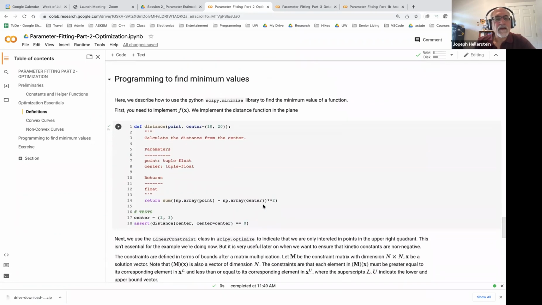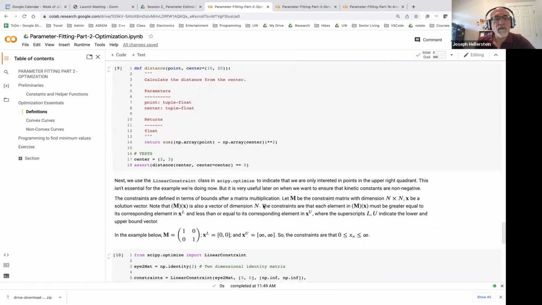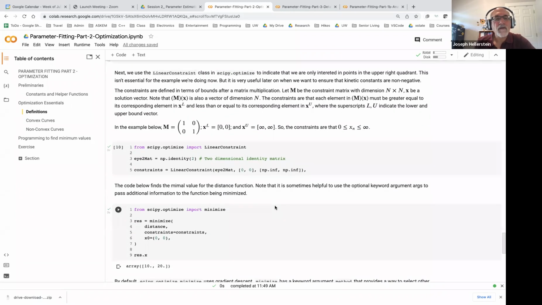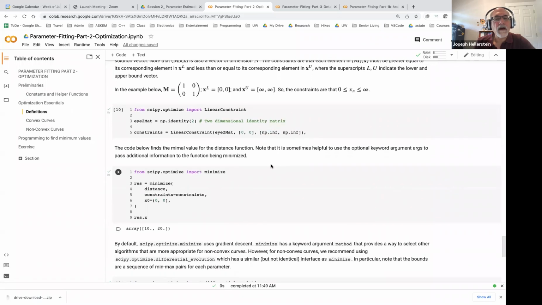So here's an example of doing the kind of calculations to invoke these search algorithms. It uses a Python package in the scientific programming part of Python called Optimize. And it gives you examples about how to program this.